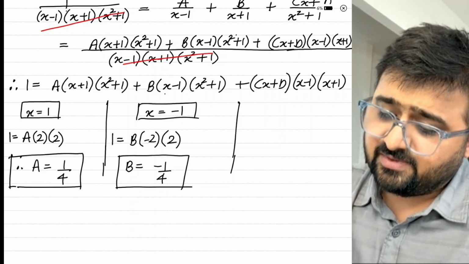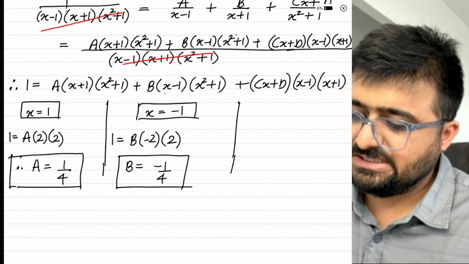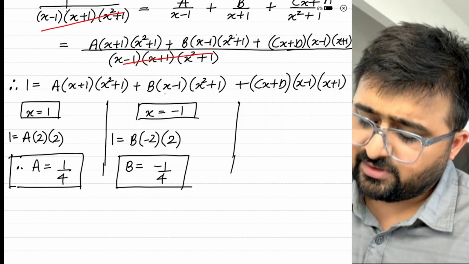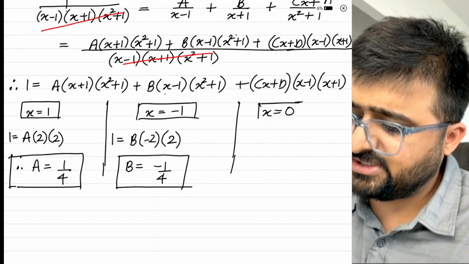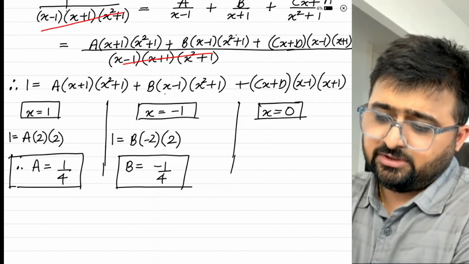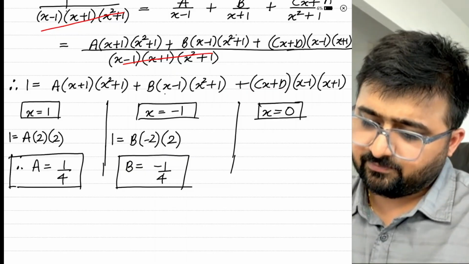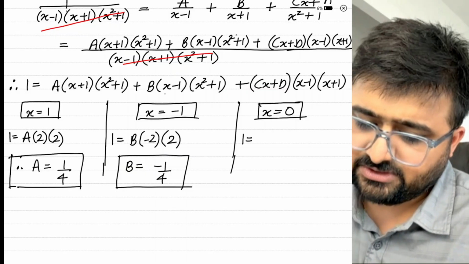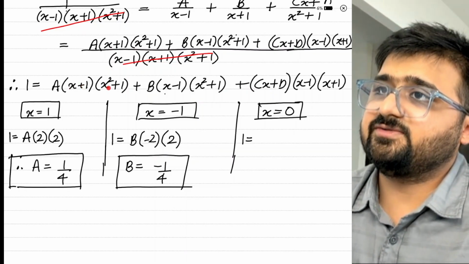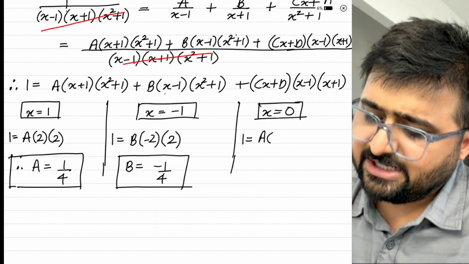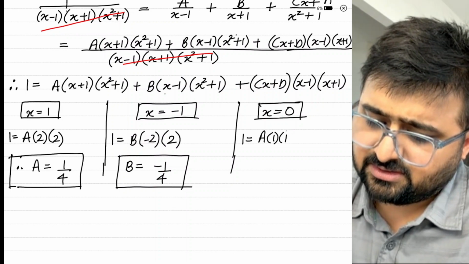Remember here also we have two values, c and d. Let's see what other value of x we can put. Let's try to put x is equal to 0. That looks like the next best thing to do. If you put x is equal to 0, on the left hand side you have 1 is equal to 0 plus 1 is 1, 0 plus 1 is 1. So we have a times 1 times 1.